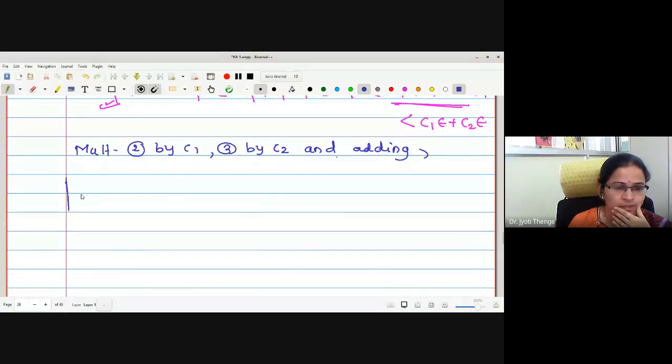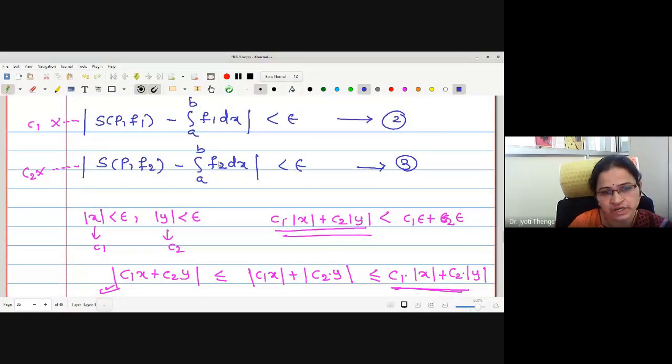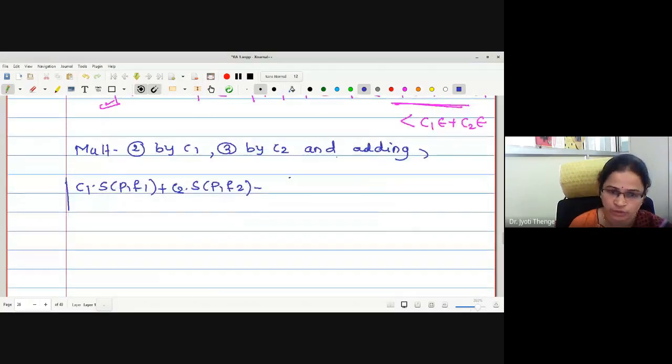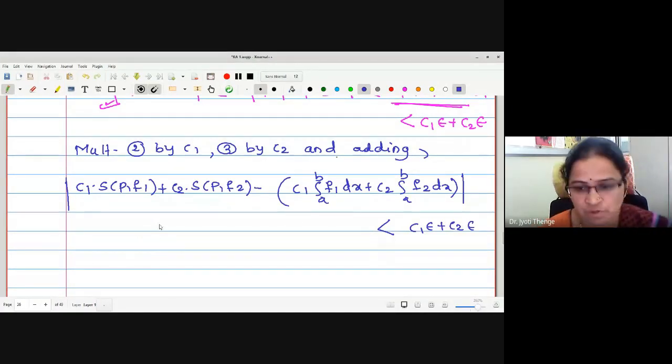Therefore, this is c1 S(P, f1) plus c2 S(P, f2) minus c1 integration plus c2 integration, put in the bracket: c1 integration a to b f1 dx plus c2 integration a to b f2 dx, and this is less than c1 epsilon plus c2 epsilon.